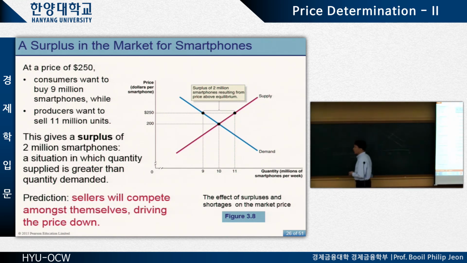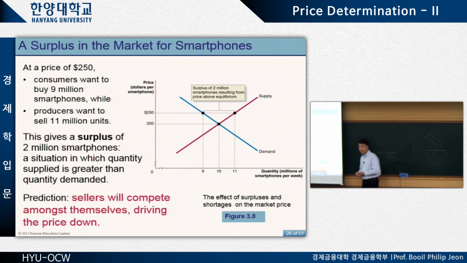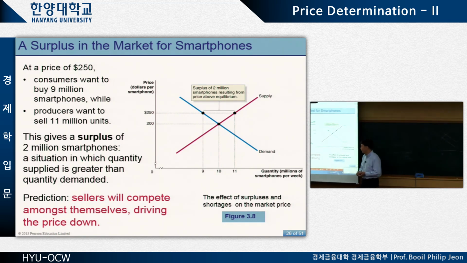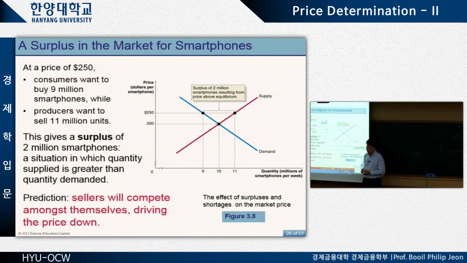So let's say they introduced a new smartphone model, and they set the price to $250. They estimated that at the price of $250, they can produce and supply 11 million units.